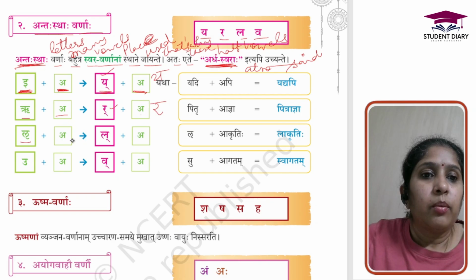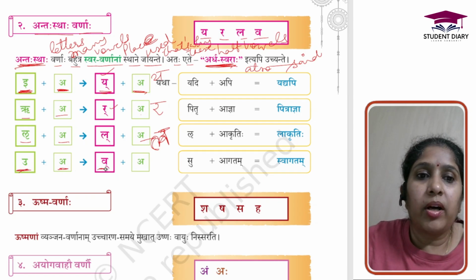Correct? Ru plus a is going to become l, and in that, if you add a, it will become full l. Correct? And then U plus a will become v, and in v, if you add a again, it will become full v.